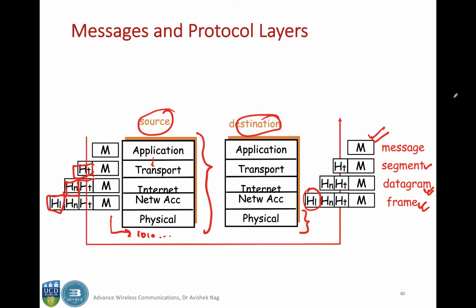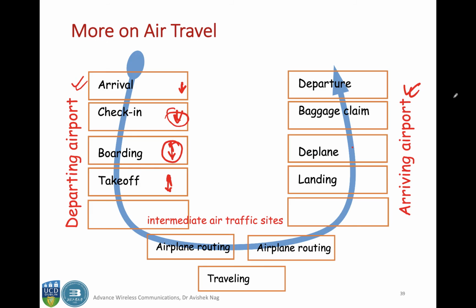So you can see why you are dividing the communication network into different layers, and each layer performs its task that helps you in the eventual transmission of the message from source to destination, just like the airline system. So you have arrival, check-in, boarding, takeoff, then landing, deplane, baggage claim, departure.